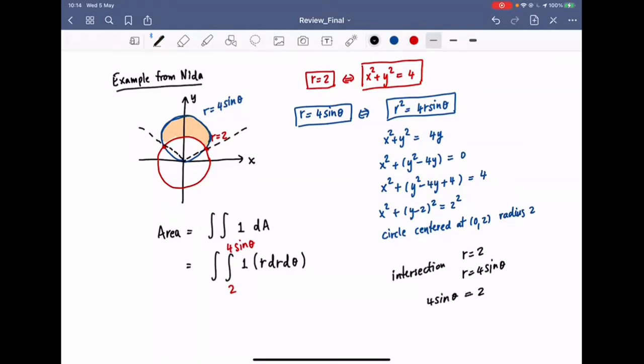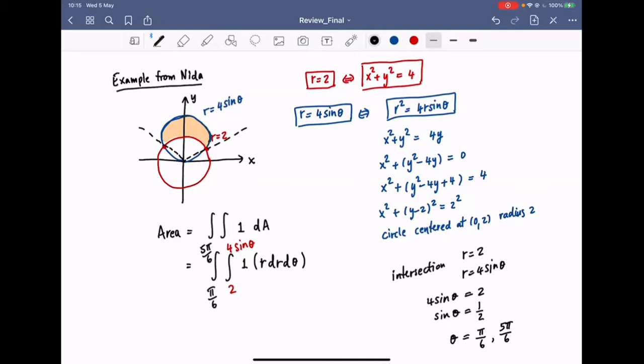You equate these two equations and get sine theta equal to 1/2. What are the values where sine theta equals 1/2? One is pi over 6, and another one is 5 pi over 6. That is how you find theta. The bottom theta is pi over 6, the top one is 5 pi over 6. And that is the area.